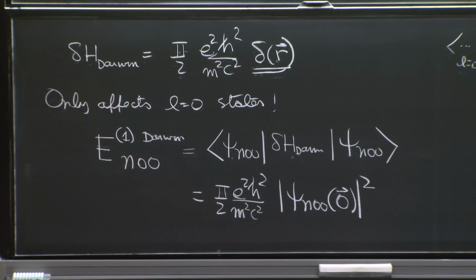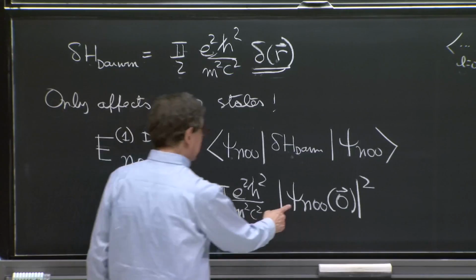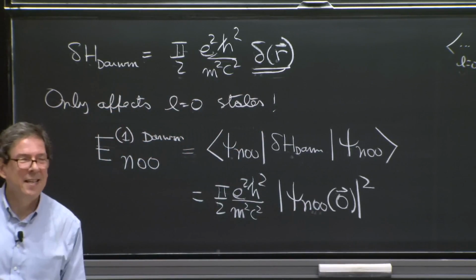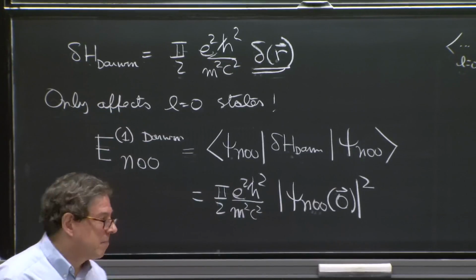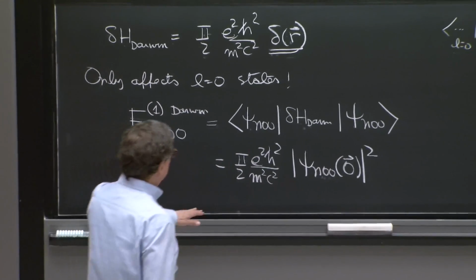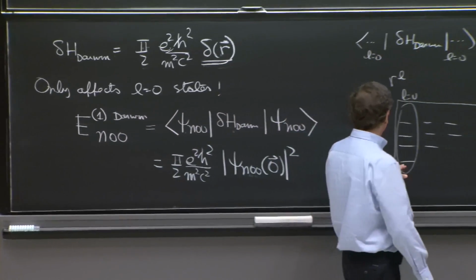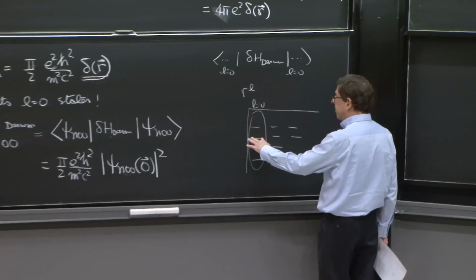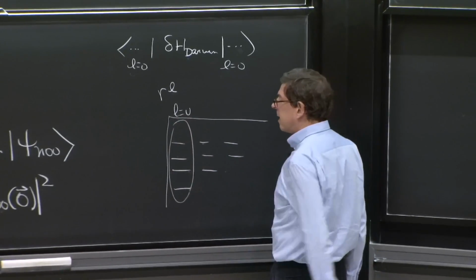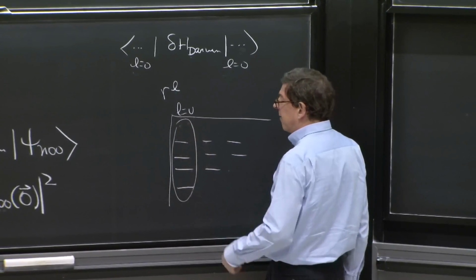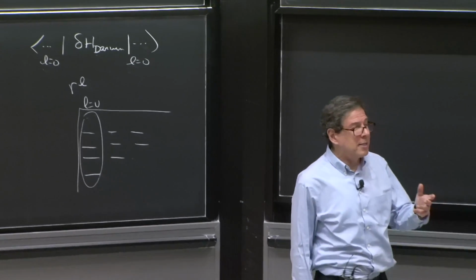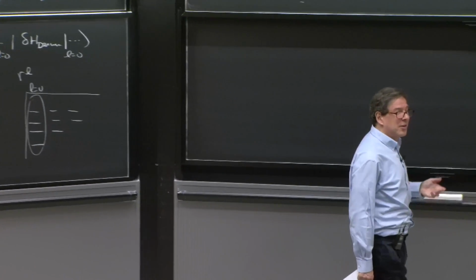Now, finding this number is not that easy, because while the wave function here for L equals 0 is simple for the ground state, it already involves more and more complicated polynomials over here. And the value of the wave function at the origin requires that you normalize the wave function correctly.